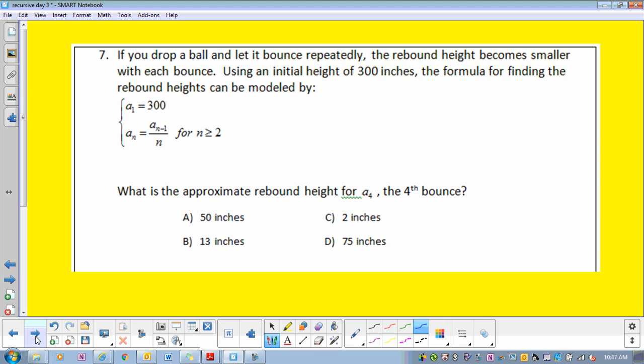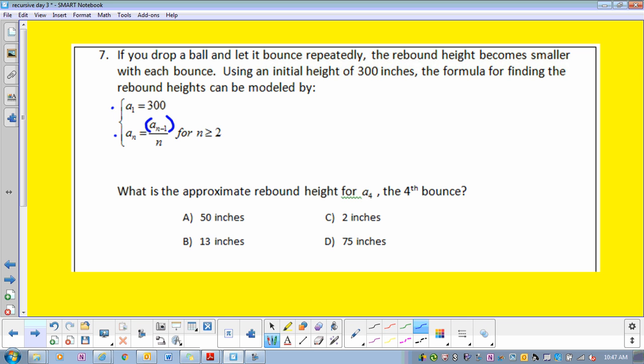Using an initial height of 300 inches, that's where they started, the formula for finding the rebound heights can be modeled by this. So remember, a sub n is the term that you're looking for. A sub n minus 1 is the plug-in, because it's the number before. Plug in the number before.